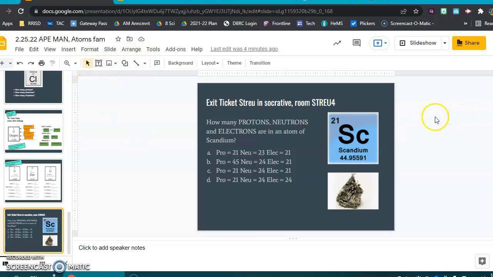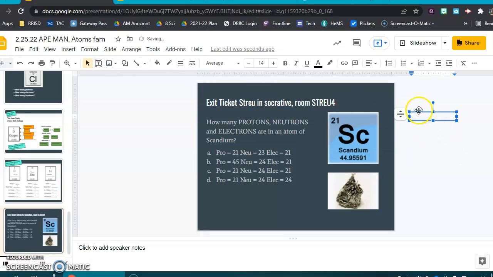So first thing I'm going to do is insert a text box. All right. So scandium has 44.9 as its atomic mass. So I've got to round that to 45. So 45 is its AMU. And I know that because of its atomic number, it's 21, so I have 21 protons.